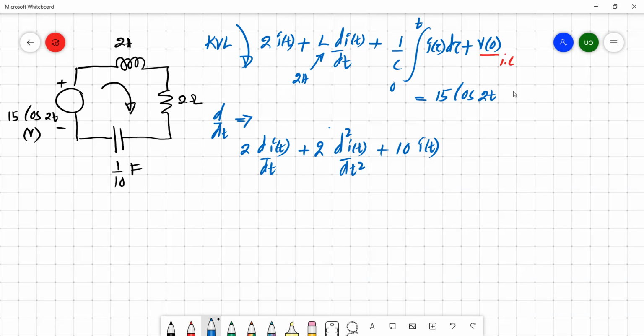Then the right hand side, 15 cos 2t, should be differentiated with respect to t. So 15 is there, cos 2t becomes minus sine, and then the derivative of 2t gives another 2.